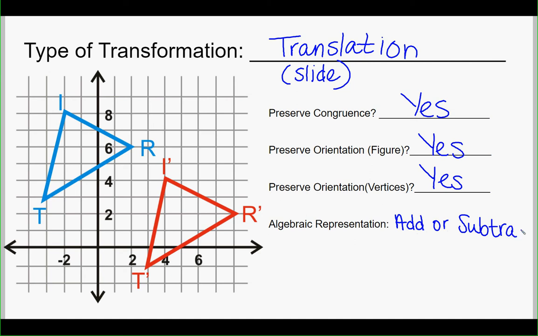So let's look at this example here. Find your original image. I'm just going to take R, for example, and then here's R prime. Directionally, how many units did I move in order to get here?